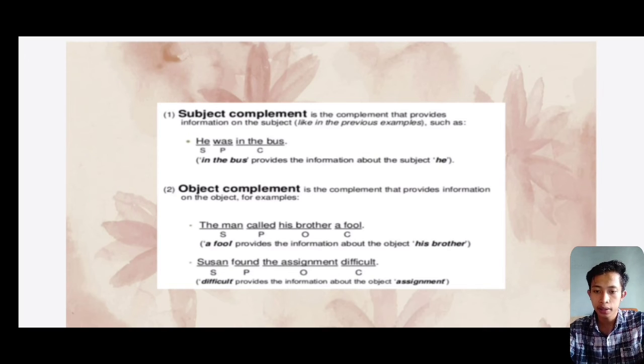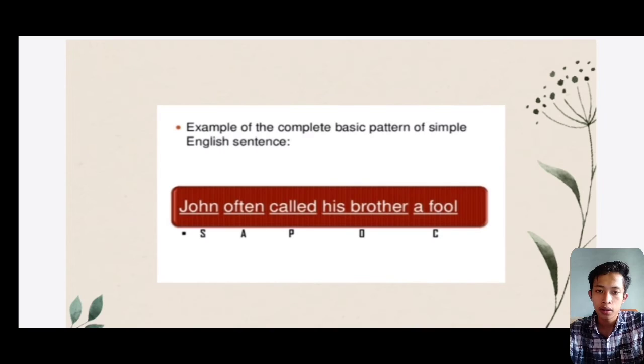For example, the man called his brother a fool. A fool provides the information about the object, his brother. The other example, Susan found the assignment difficult. Difficult provides the information about the object, assignment.